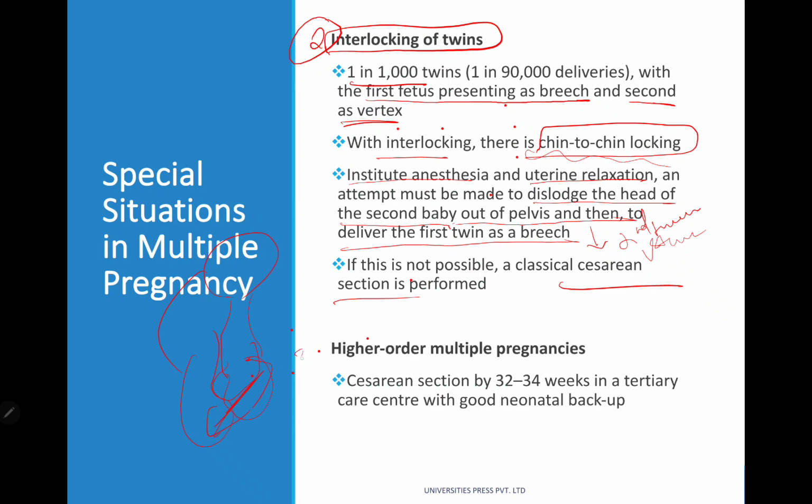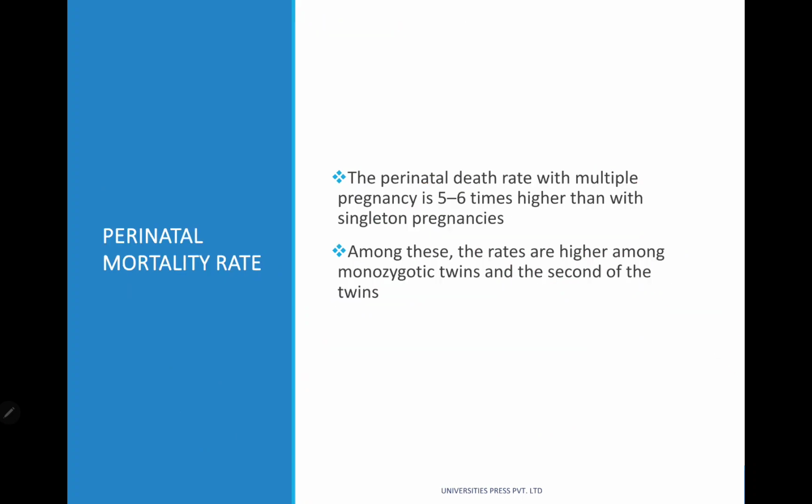The third special scenario is higher order multiple pregnancy, like triplets and quadruplets. So what will you do then? Only a C-section at around 32 to 34 weeks in a tertiary care center with good neonatal backup. So what is the perinatal mortality rate in multiple pregnancy?